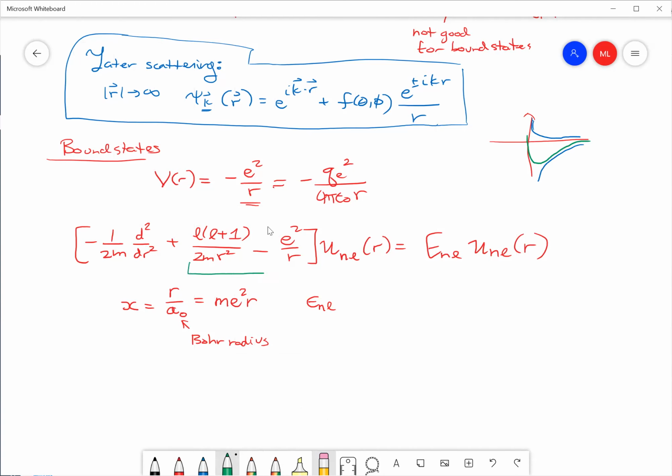The point is, the bound states will all live down here, below 0, so the energies we get are going to be negative. Just from the shape of the potential, you can plot this. At large r, the Coulomb term dominates because 1 over r squared falls off faster than 1 over r, so it will look like negative 1 over r. So all the bound states just have negative energies.